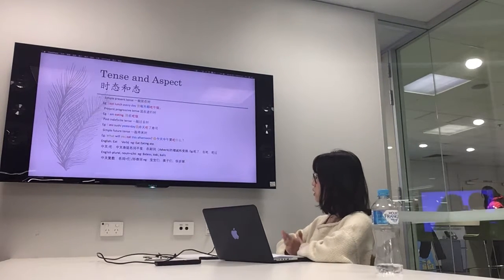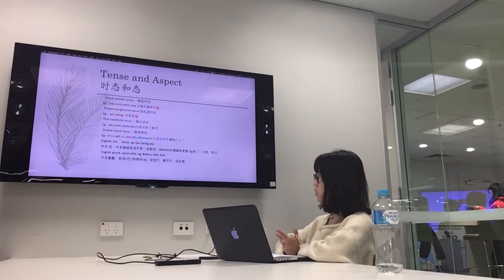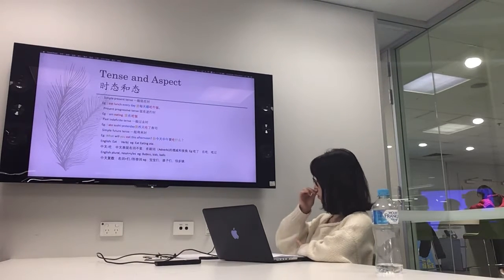And what will you eat this afternoon? The Chinese is like 你要吃什么, and English uses the simple future tense. In English, eat, eating and ate change the verb.